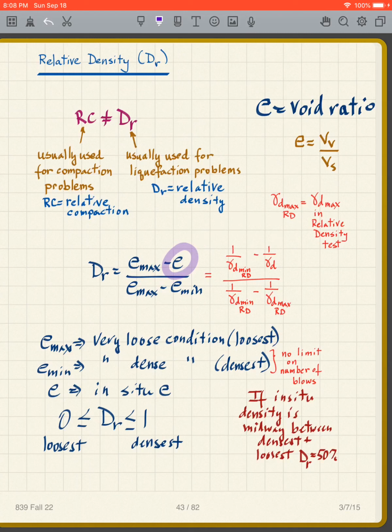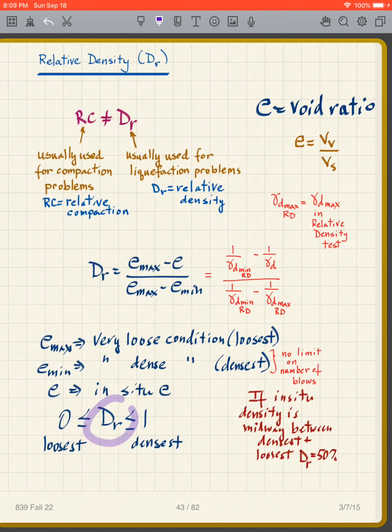What we find is that when it's in the loosest condition, we have a relative density of 0. When it's in the densest condition, the relative density is 1. And if we're in between, so for instance, if the relative density is what we call 50% or 0.5, then we're halfway between the loosest and densest condition.